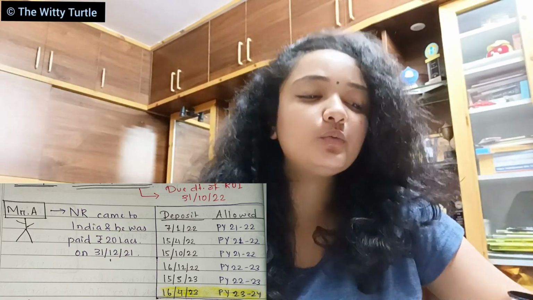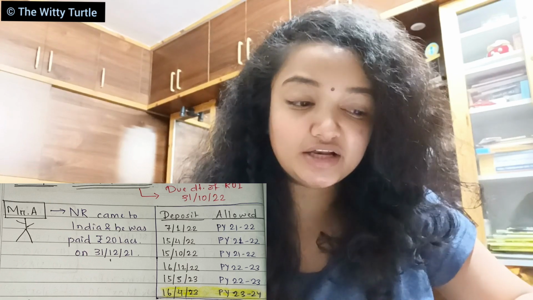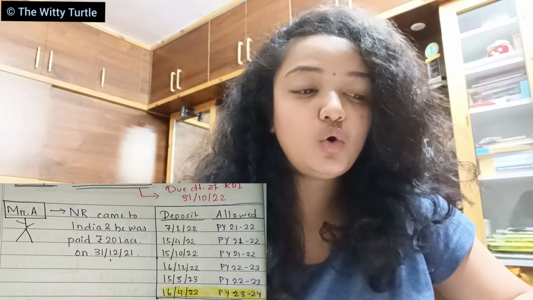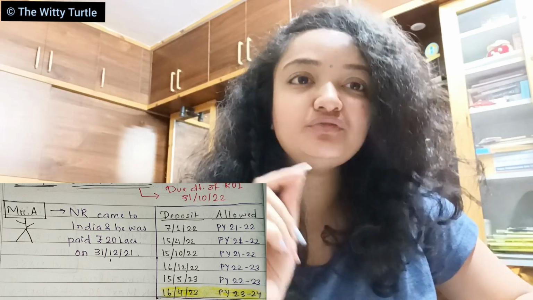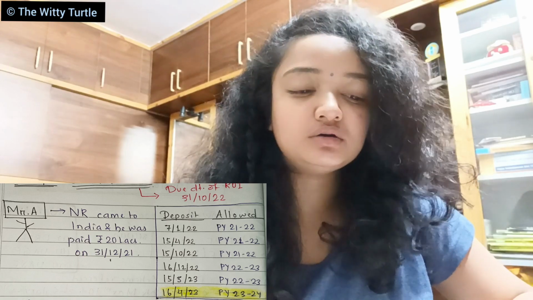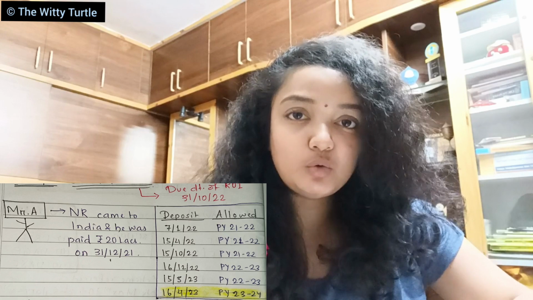The TDS was deducted on 31st December 2021, but look at the first case where the TDS was deposited on 7th January 2022, exactly after 7 days of the amount paid to him.